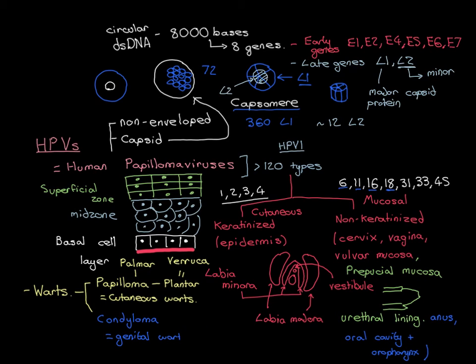So some of the capsomeres in the capsid will have L2 proteins in. So it'll be 1 in 6, because you've got 72 capsomeres, only 12 L2 proteins, so 1 in 6 of them will get an L2 bound to it. So most of the capsomeres, 5 out of 6 of them, don't have an L2 bound to them, but some of them, 1 in 6 of them, do have an L2 bound to them. And it's not particularly well understood what the role of the L2 protein is.